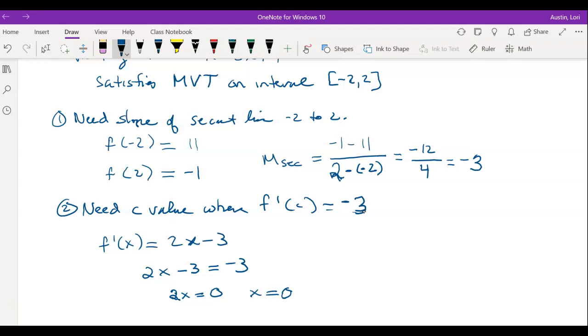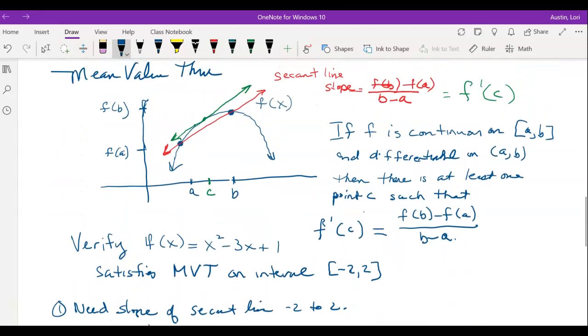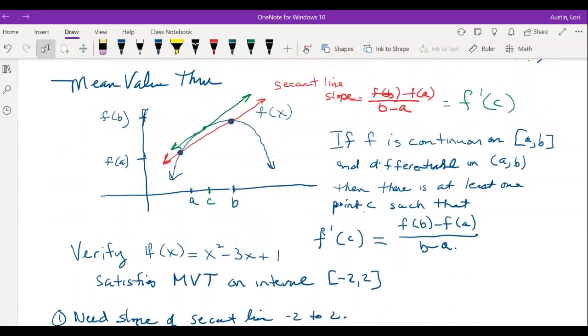And you check, yes, question? Why are you setting it equal? Because the theorem is when you get this slope, there's going to be a value in between there where the function equals that slope. It has the same exact slope, where the derivative equals -3. See, in Rolle's theorem, there was no slope.